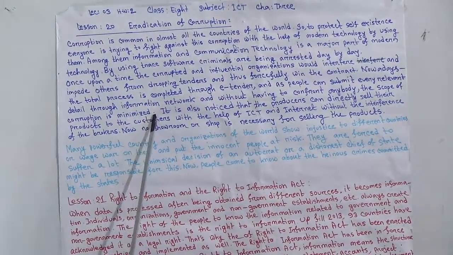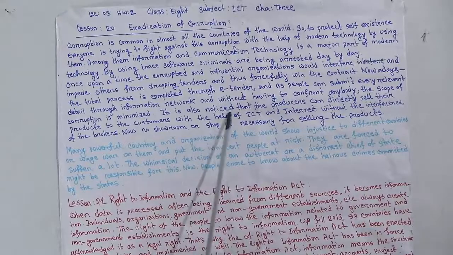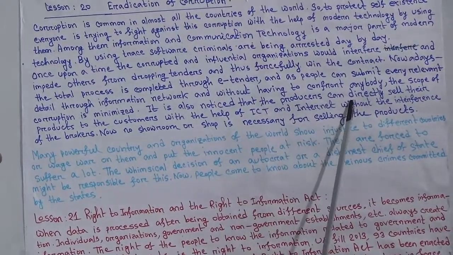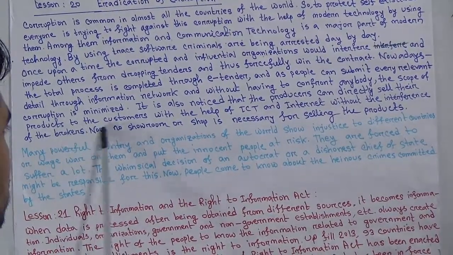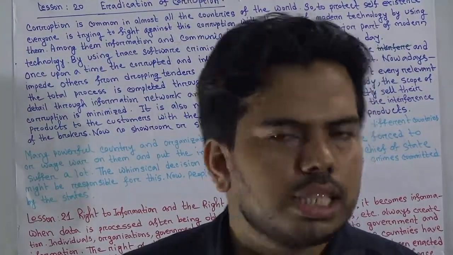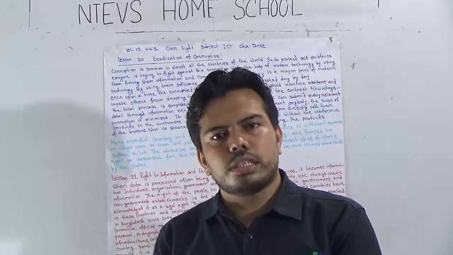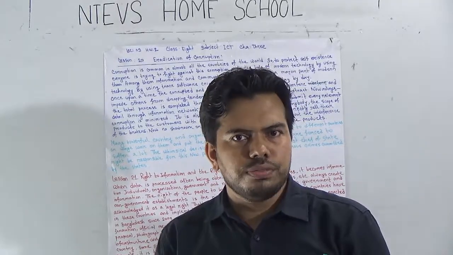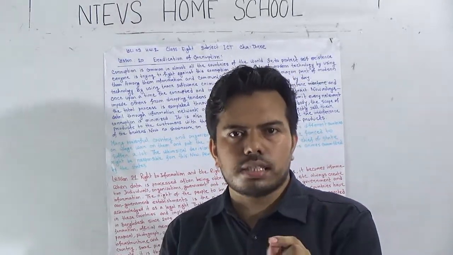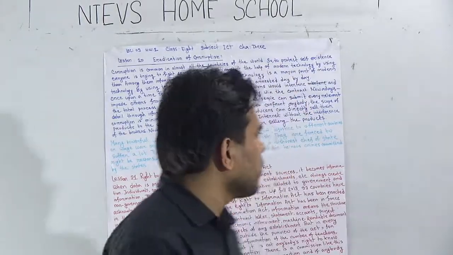It is also noticed that the producers can directly sell their products to the customers. Now it's not necessary to have a shop to sell your products. You can sell your products staying at home because you have the application and access of ICT.